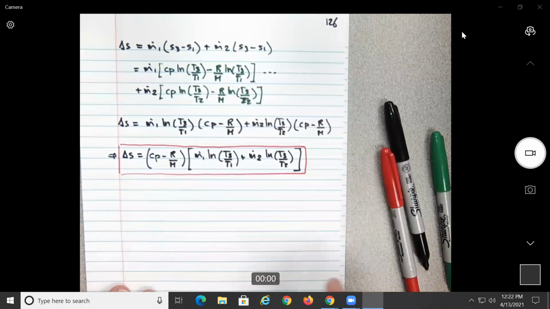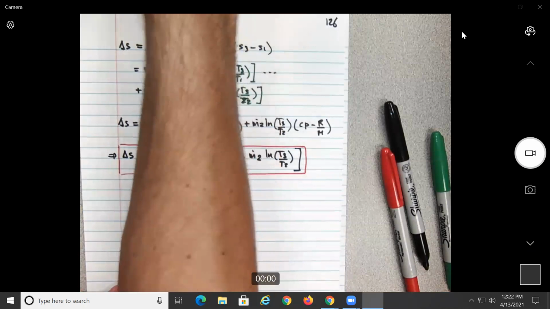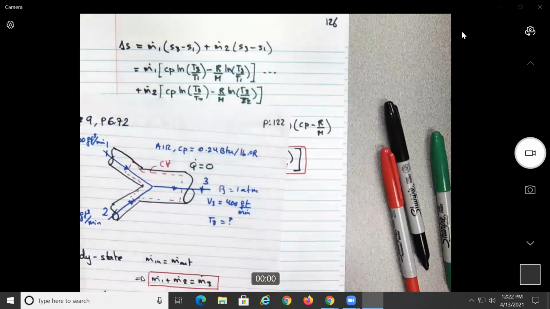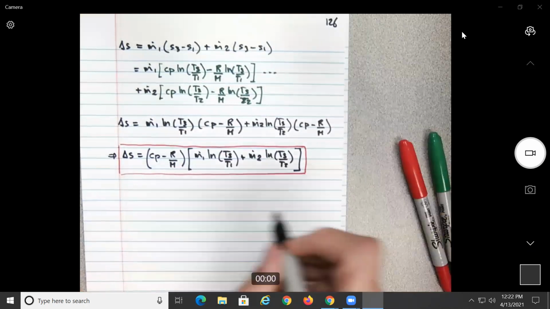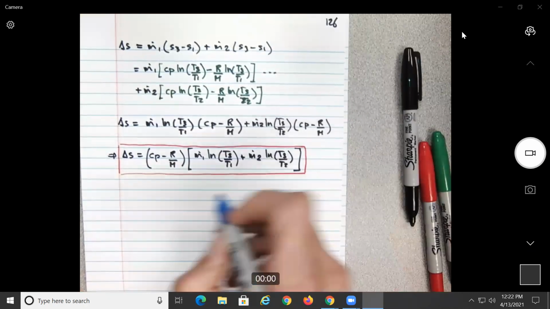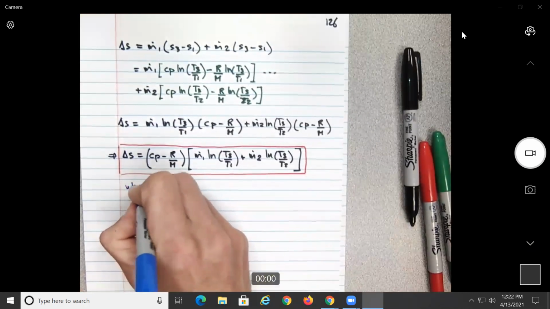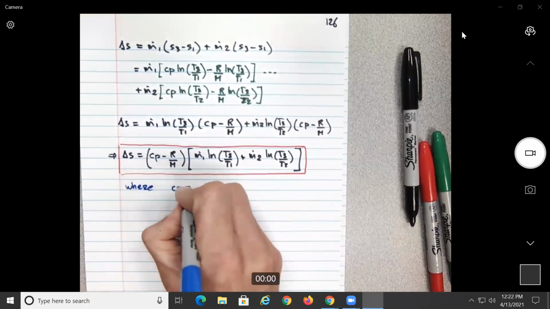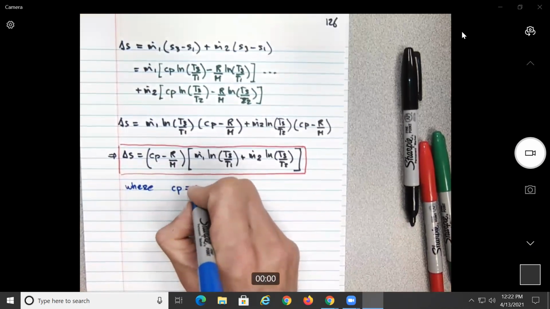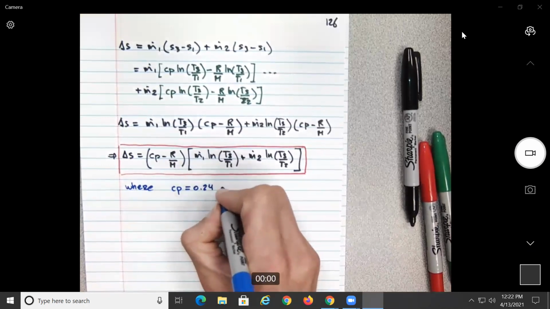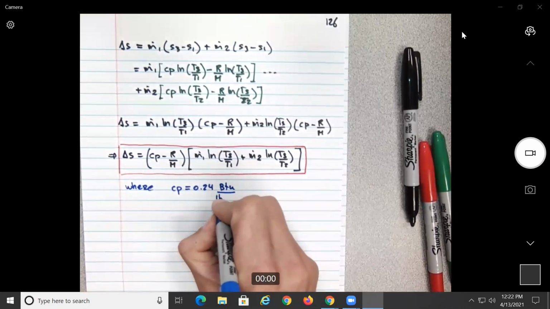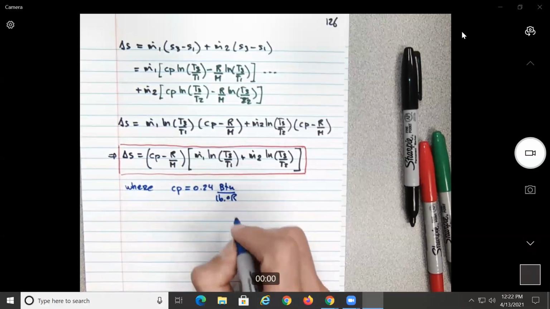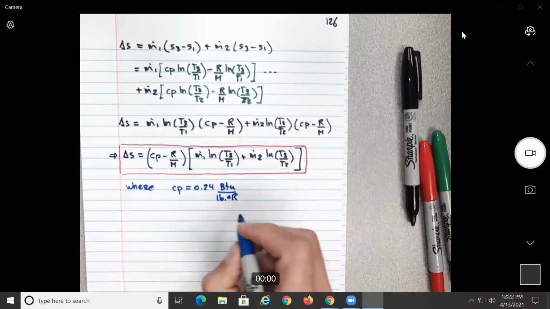So in this problem, what do we have? I think they gave us Cp. So look at the units, and then you can do the calculation for me, where Cp is equal to 0.24 BTU per lb Rankine. Okay, here we need to be careful.